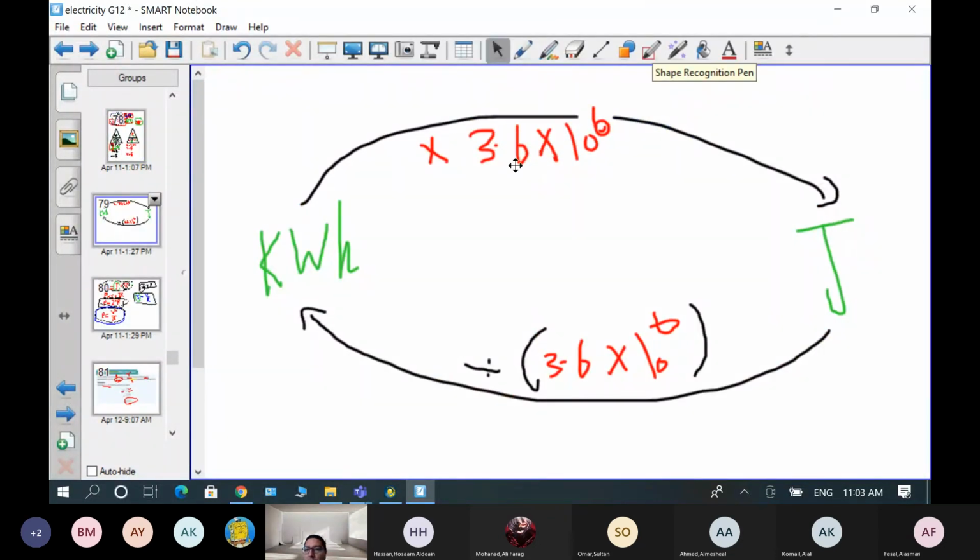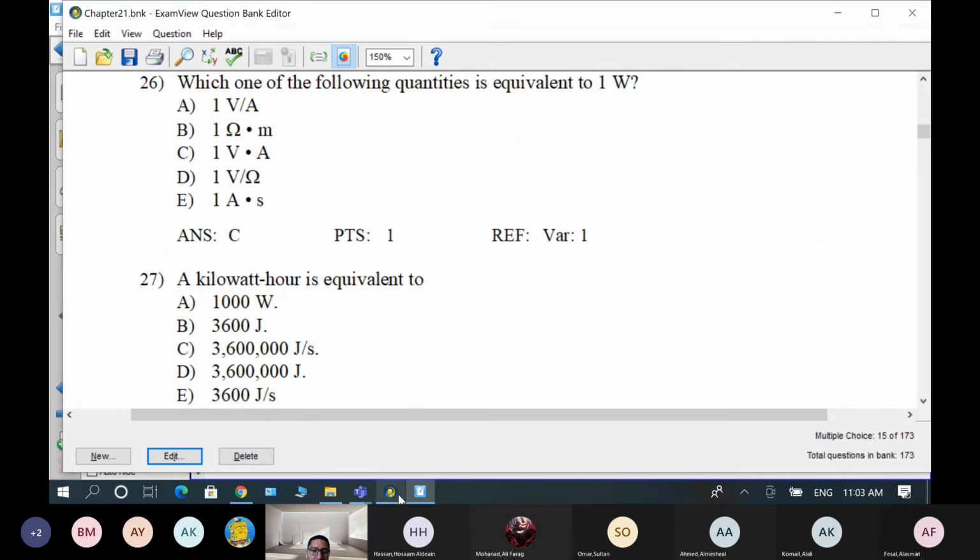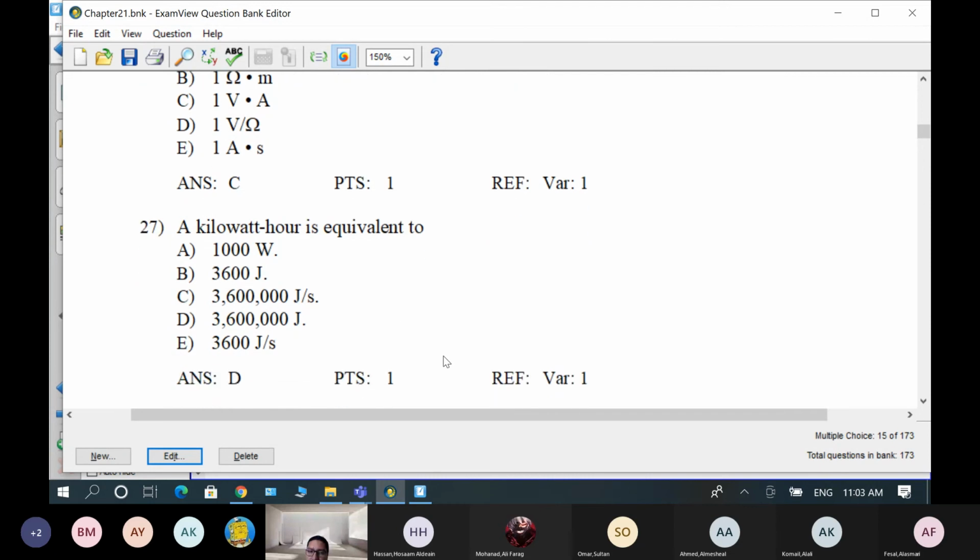If you multiply 3.6 by 1 million, it gives you 3, 6, and 5 zeros beside it. So both of them are units to measure energy. So the answer here is not C, it's D. Joule per second is a unit of power, while kilowatt hour is not a unit of power. It's a unit for measuring energy consumed. So the answer is D.